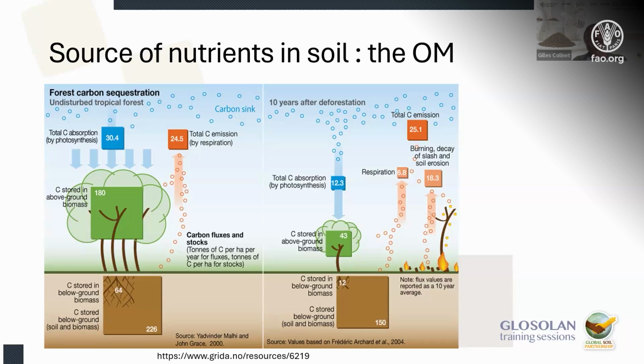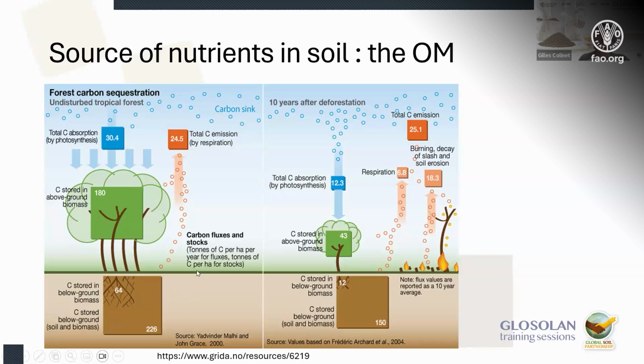Regarding the organic matter, which is important for the soil, carbon for the plant comes from the photosynthesis. So carbon is uptaken by the plant in the leaves and stored in the above ground biomass, and can be stored in below ground biomass either by the litter, so the leaves and the aerial part when the plant dies goes to the soil, or it's also a big input by the roots when they die.